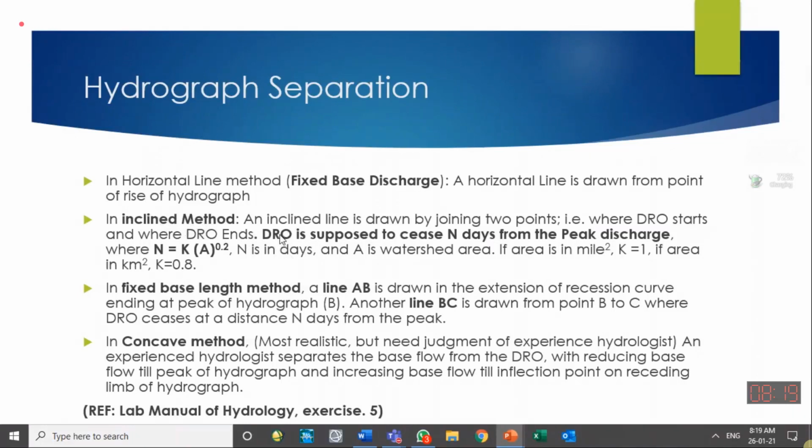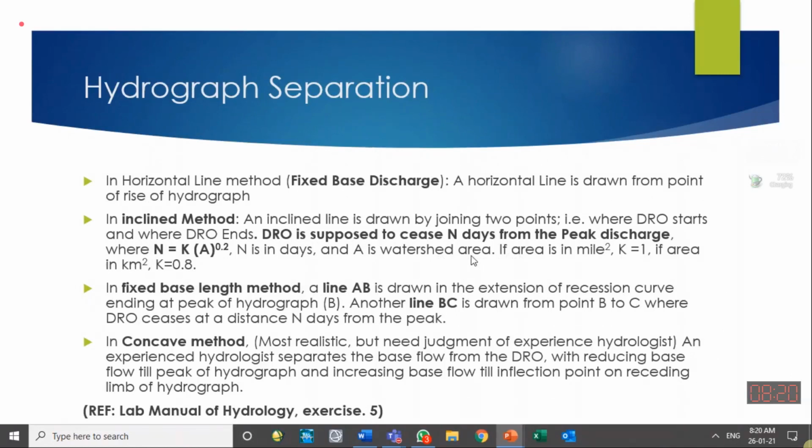So how do we select the end point? DRO, direct runoff, is supposed to cease N days from the peak discharge. So the end date is selected by this formula. We calculate the number of days, N is equal to K times watershed area to the power 0.2. N is in days, A is the watershed area.